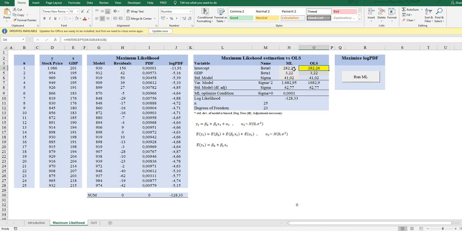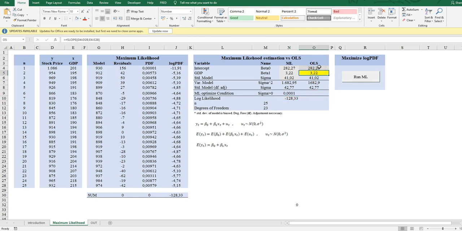Over here you see the corresponding OLS estimates, which I have calculated just by using Excel's built-in functions: the intercept, slope, and here is a way of working out the standard deviation of the model by using this sum of x minus y squared. Not many people know this function, but it's actually very nice, and you will see we get the same results as in the ML.